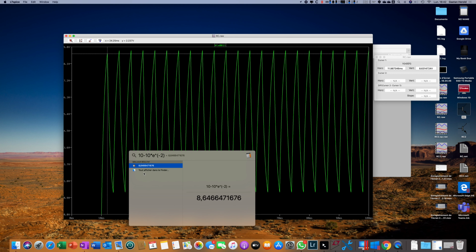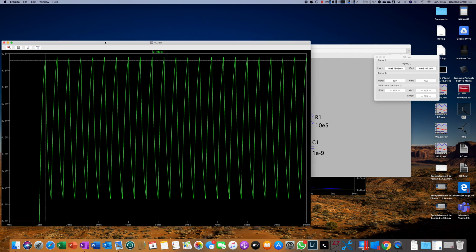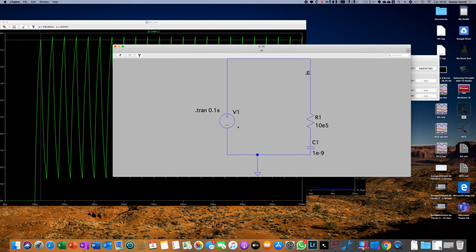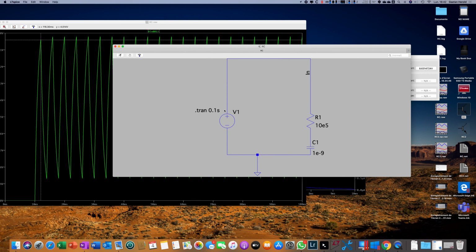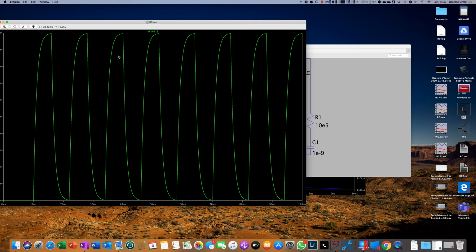Because we only let the system charge for 2 time constants. As the charging is exponential, as soon as we leave a little more time, I think 4 or even 3, let's try 3 time constants, we would have a behavior already very close to the final behavior, because we let the charging take place for quite a long time.